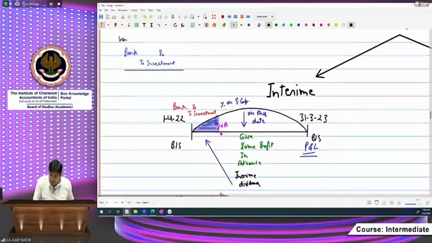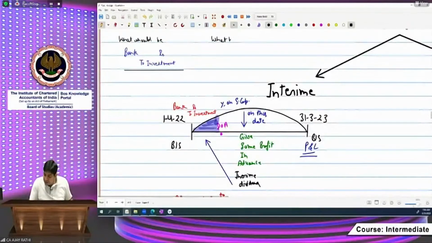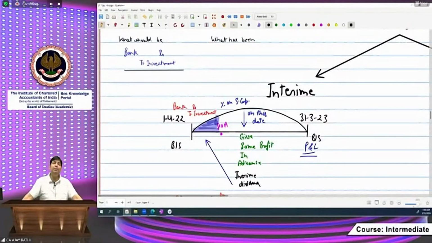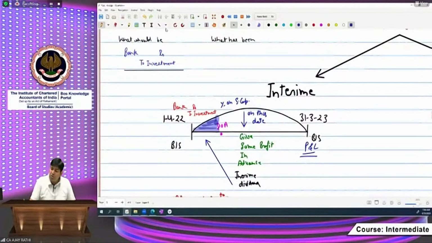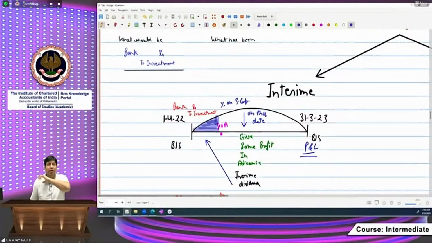Can I say here what should be? Yes, sir. We have learned what should be. Sir, we have also learned one more thing. Normally, in the question, if nothing is given, we presume that the accountant has made this mistake. He has not done proper accounting as per AS 13 regarding the pre-acquisition dividend.